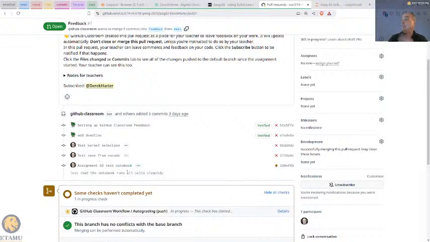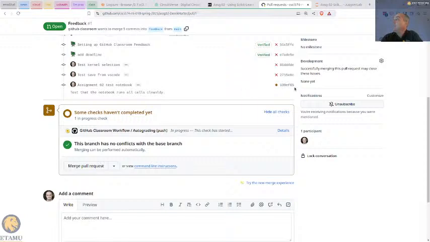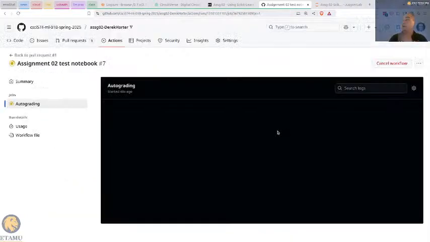This is the one that I just did at this moment. It's actually still running here. If you do it fast enough, you'll be able to watch the GitHub workflow running on the stuff.